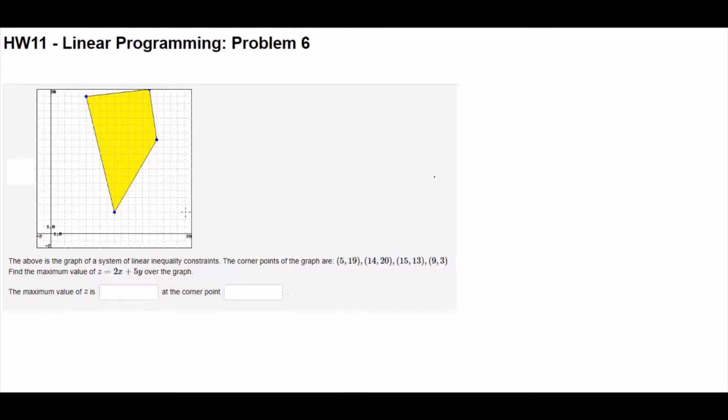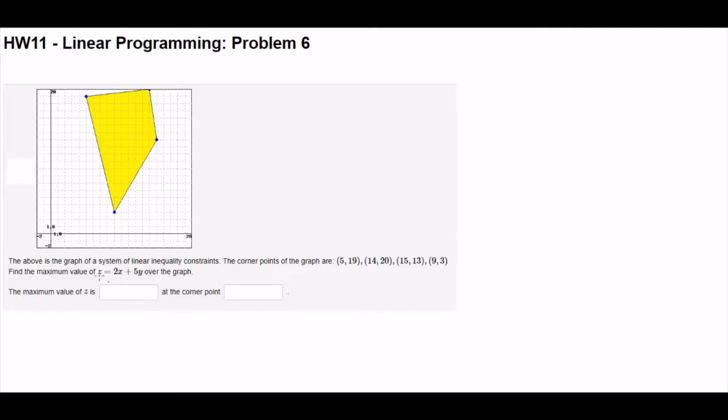Problem number 6. The above is the graph of a system of linear inequality constraints. The corner points of the graph are (5, 19), (14, 20), (15, 13), (9, 3). Find the maximum value of z equals 2x plus 5y over the graph.